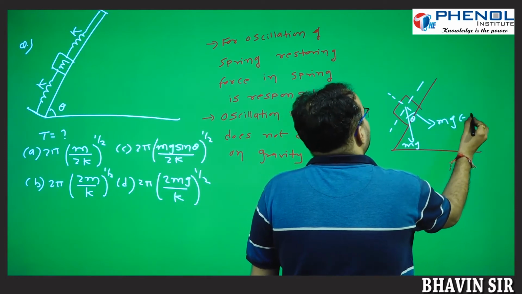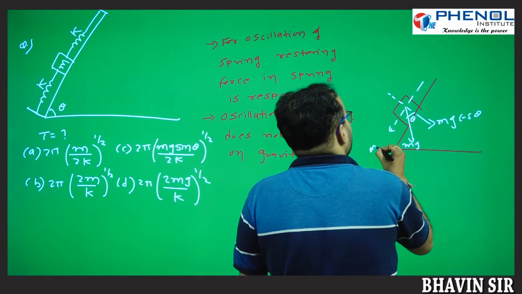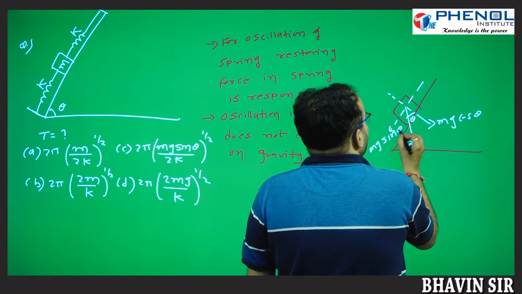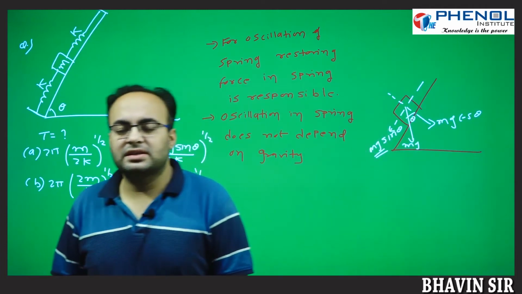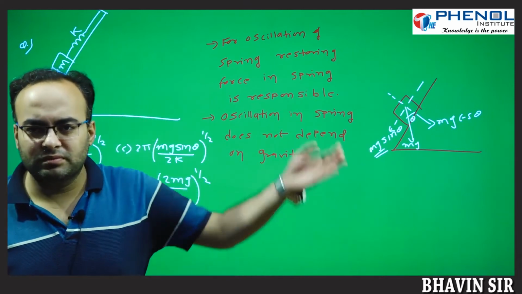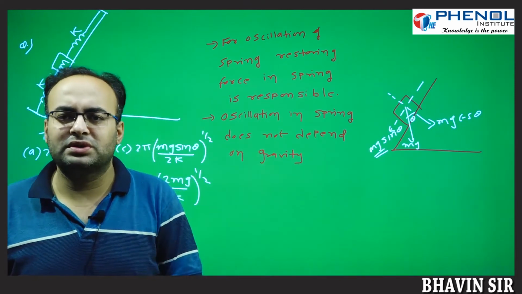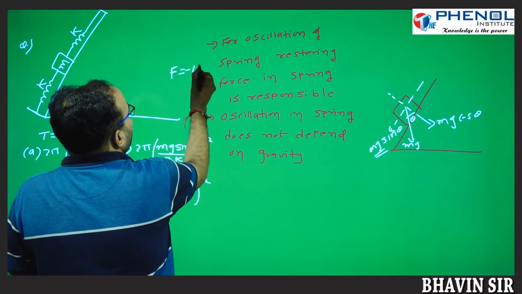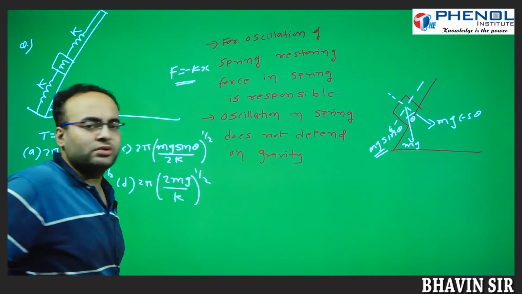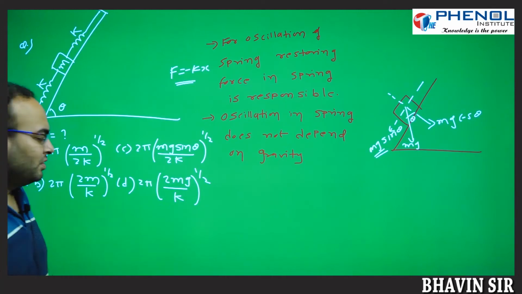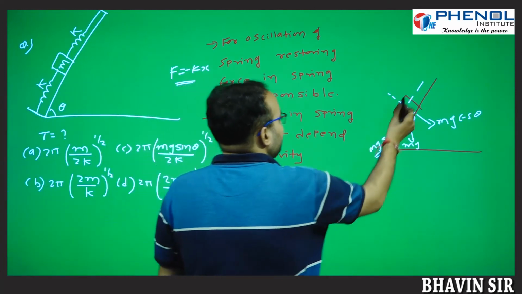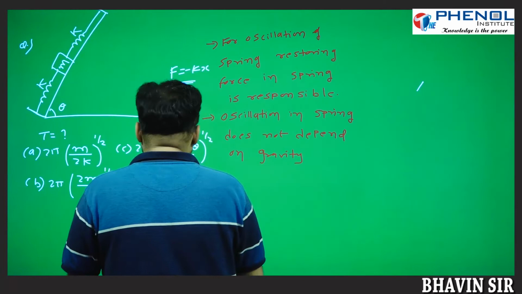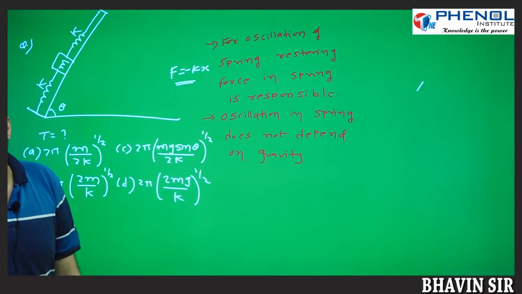So here we consider mg cos theta, here we consider mg sin theta. So mg sin theta is the required force, students, for the moving of the block. But here for the oscillation, which force is required? F is equal to minus kx, the restoring force is required, and it does not depend on gravity. So students, here we cannot consider force equal to mg sin theta.